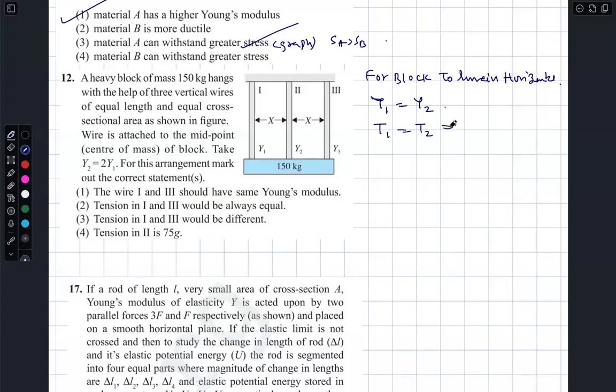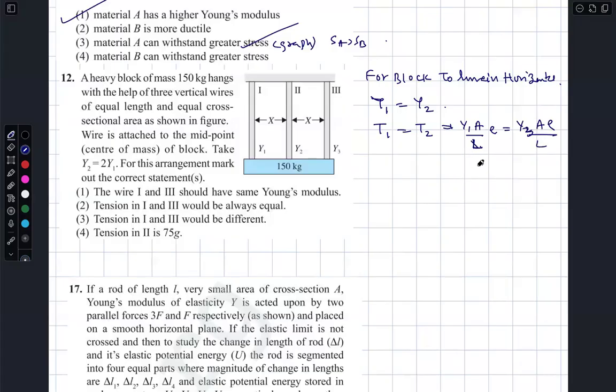Elongations are also same, which means Y1 A by L times elongation is Y3 A. Tension is Y A by L into elongation.